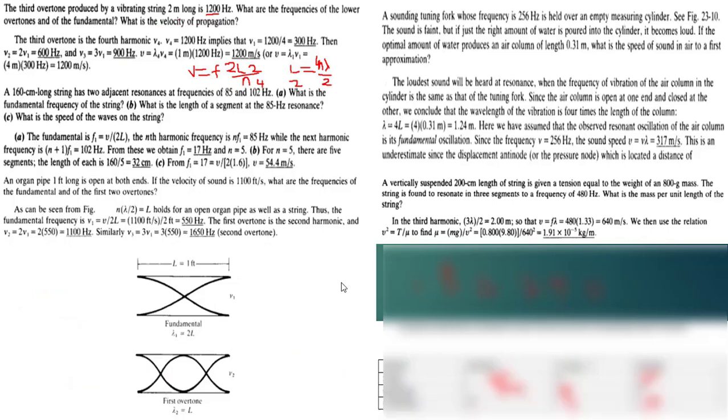amefanya hiyo. So another question, you have a 160 cm long string which has two adjacent resonances at frequency ya 85 na 102. Wakisema resonance, I believe you remember, ni vitu ambavyo vinakuwa vina vibrate at the same properties, okay, zinakuwa resonant.